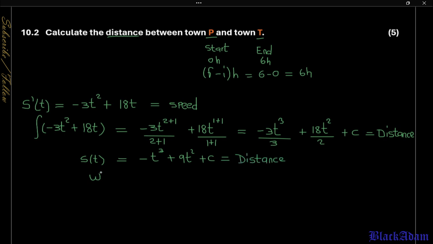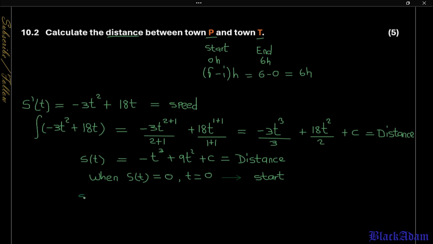When you take the distance, the first derivative is going to be speed. So when the distance is 0, t is 0, so that means the start is 0 kilometer.